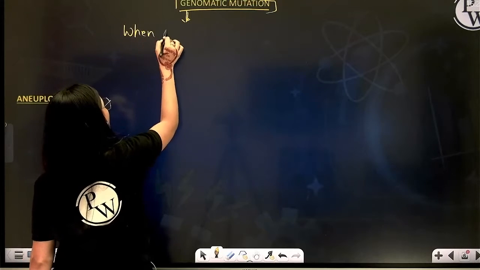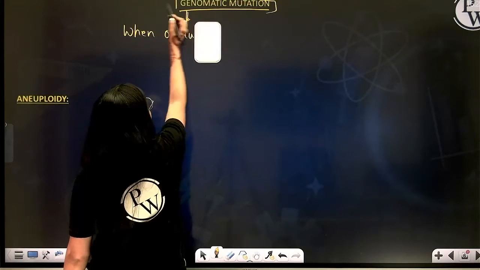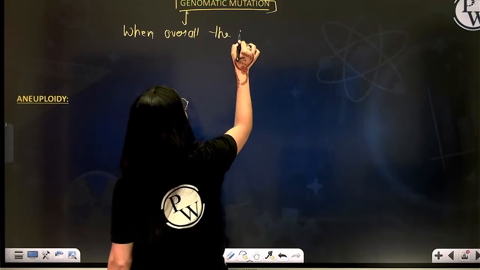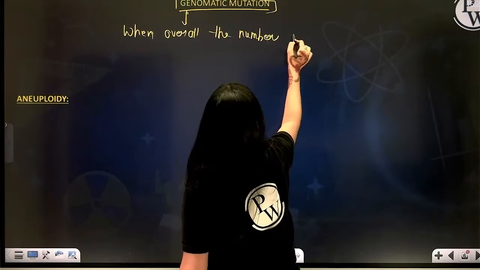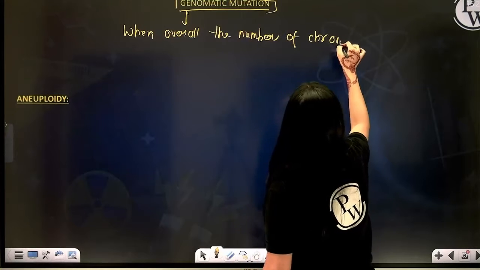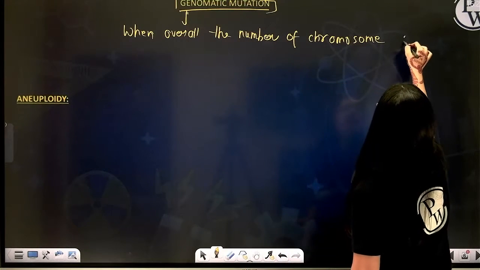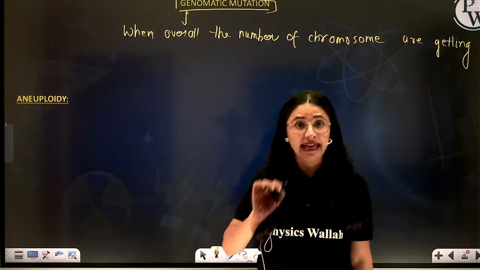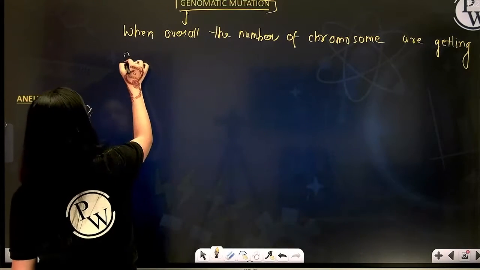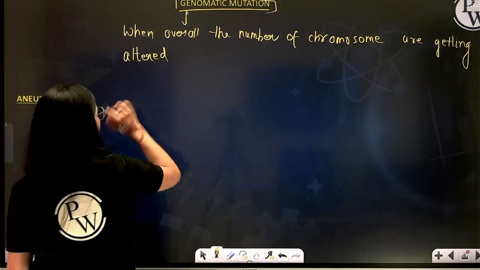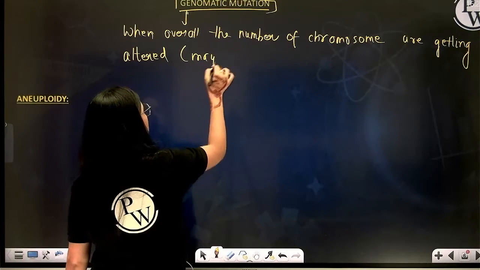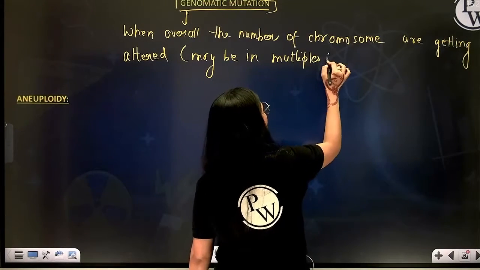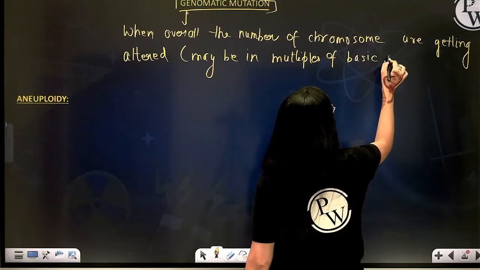When overall the number of chromosomes are getting altered, maybe in multiples of basic set or not in multiples of basic set.